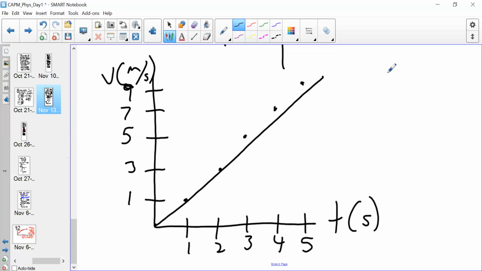So for the first acceleration value, we can just say 1 minus 0 over 1 minus 0. And that's going to be 1 meter per second squared.